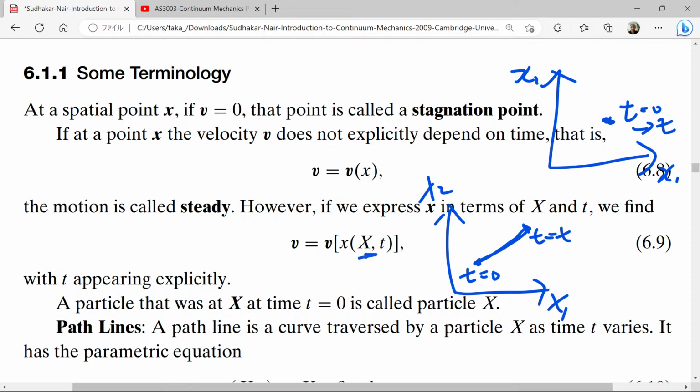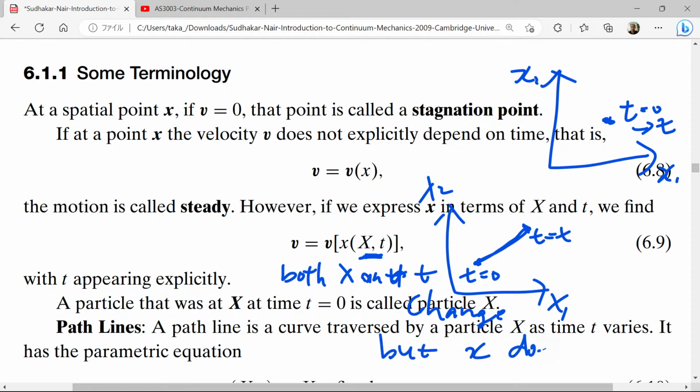So here, both large x and t change, but small x doesn't change with t.